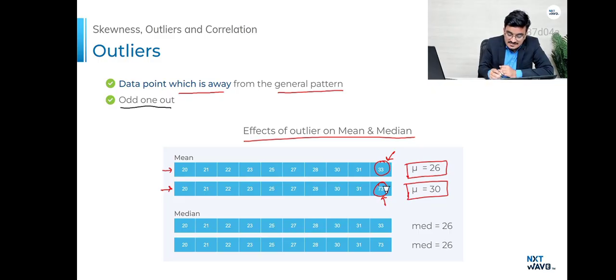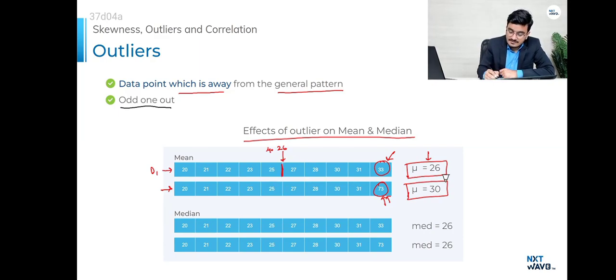Now if you see, with just a change in one of the observations, our mean is shifted towards the right side. If I want to see where the mean will lie in the first data set, D1, it will be somewhere around here, right? Mean is 26, which is in the middle of the data set.